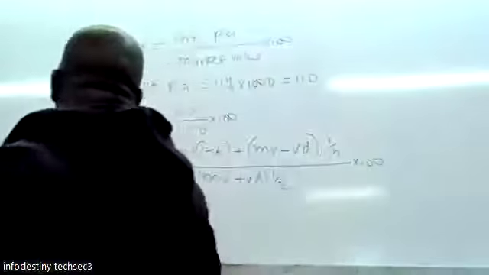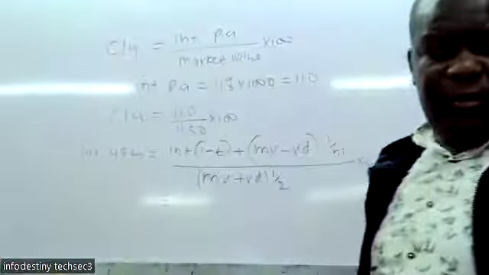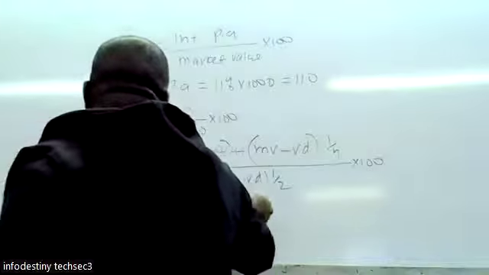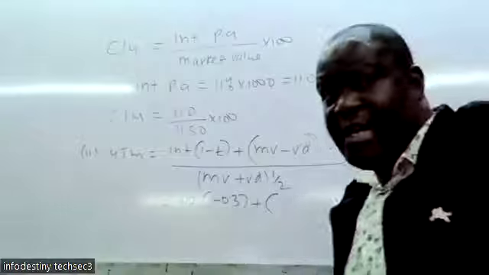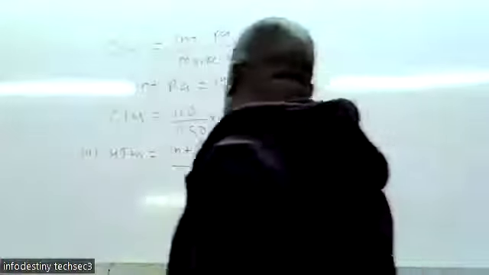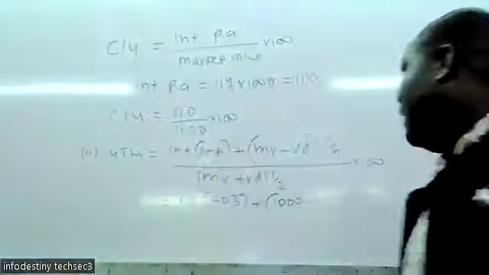So interest, you already have it. It is 110, times 1 minus 0.3. Maturity value, I said, unless otherwise stated, is the same as the par value, and that figure is 1,000.